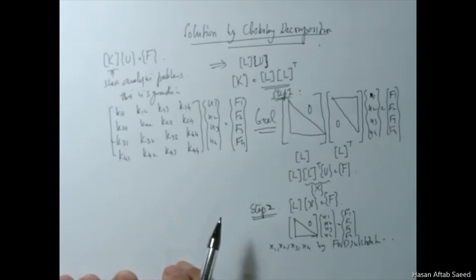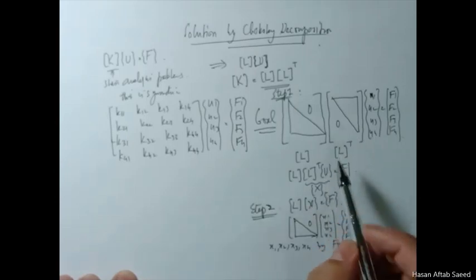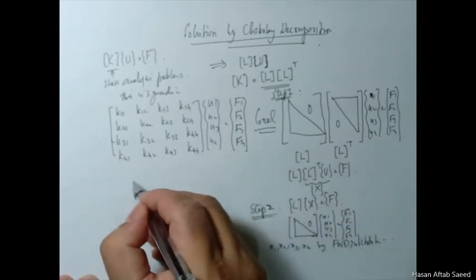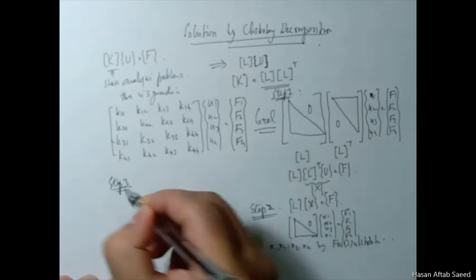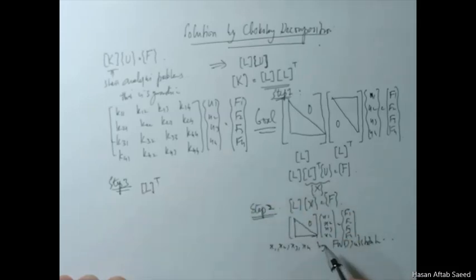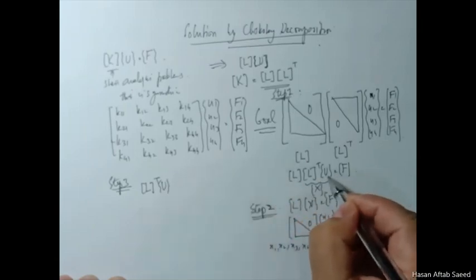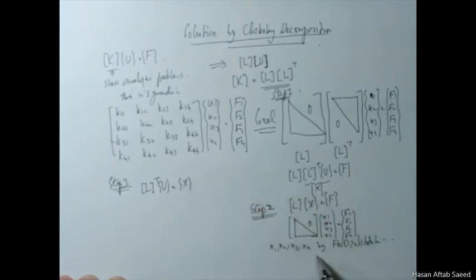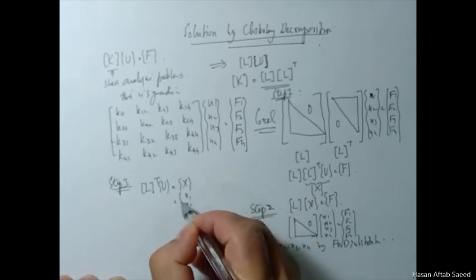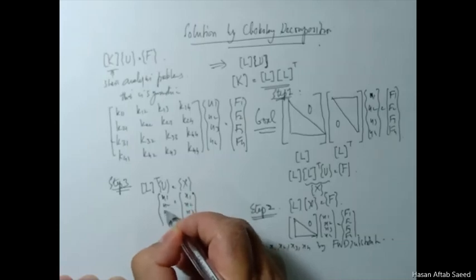That is not difficult, because recall that we had written this in this form. If we have the value of x now, x values are known, so what we write is step 3. Step 3, let's write this as L transpose U is equal to x. So this now serves as the right hand side. That is x1, x2, x3, x4. Here u1, u2, u3, u4.